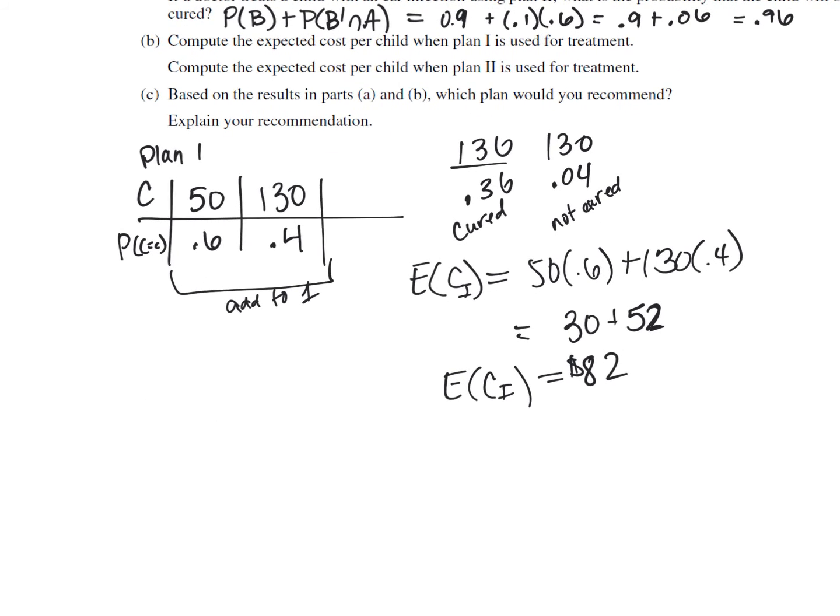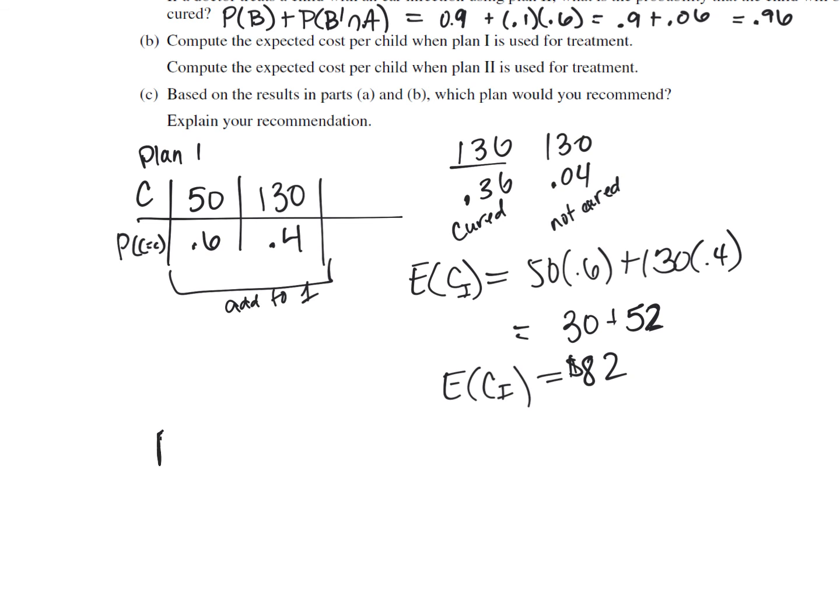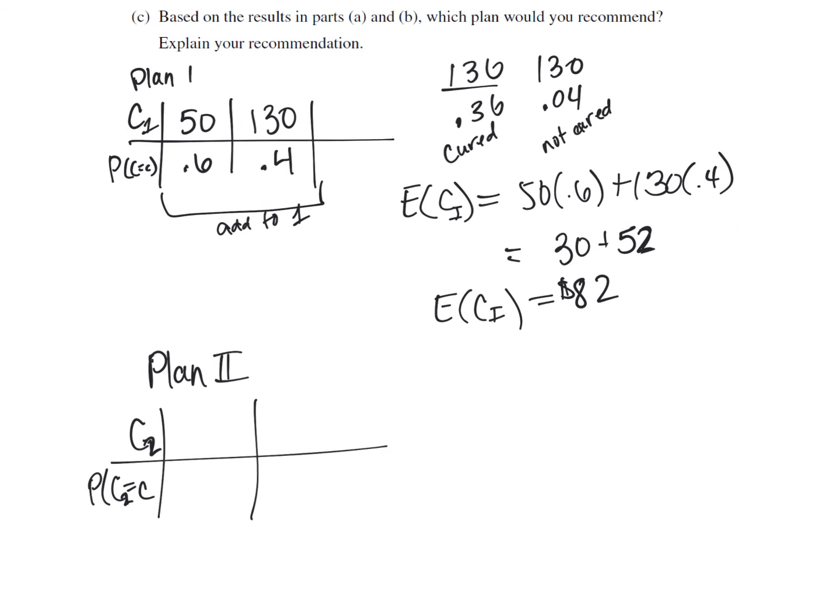Can we do the same thing for plan 2? Okay, can you do it? I'm going to give you a chance. Okay, so what does our probability model look like? What's the first cost? $80.